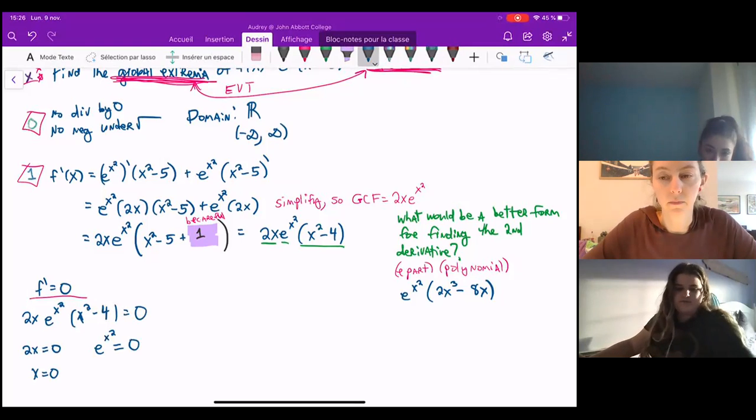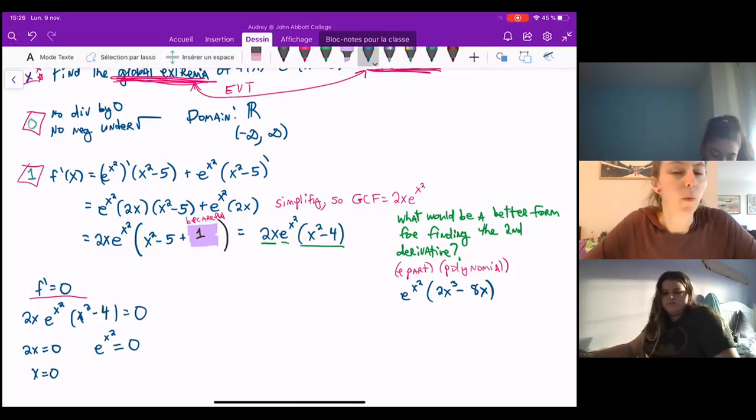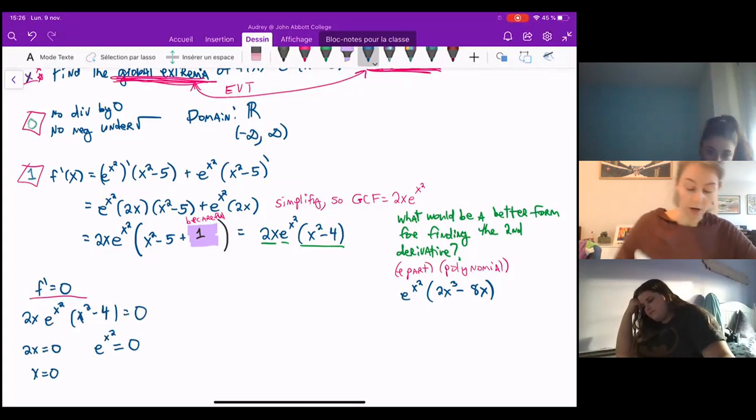Anyone? Well, what's e to the power of 0? If I replace x with 0, what do I get? 1. E to the 0 is 1. The answer here is never.